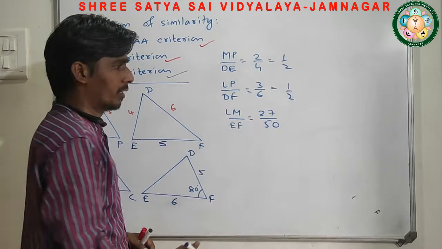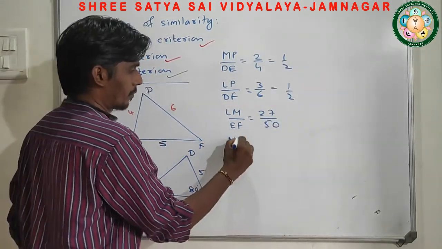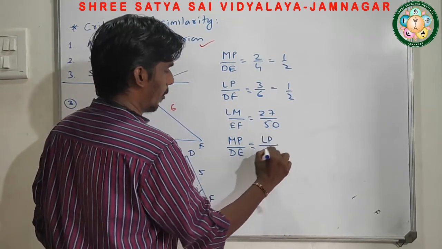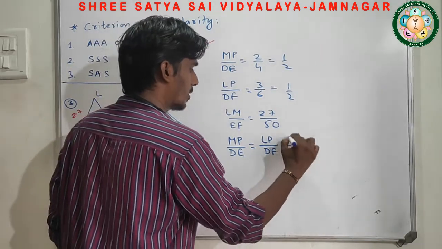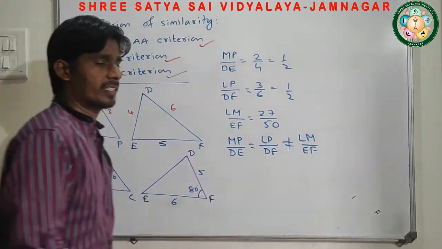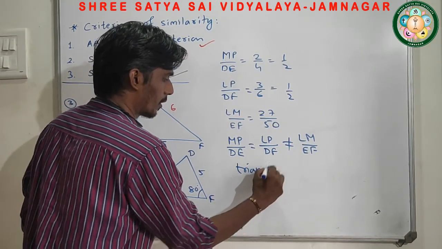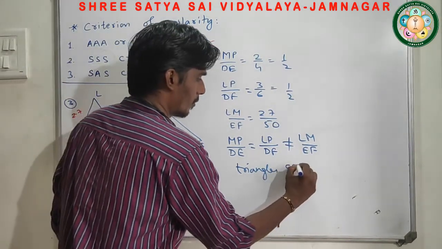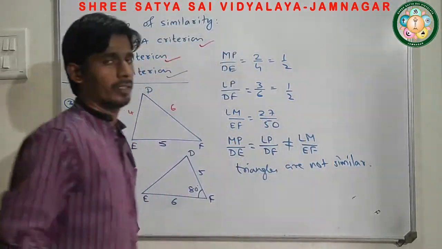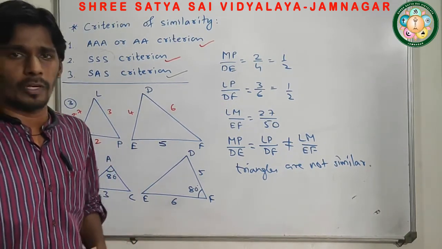Now these are not reducible. So I can say that all these ratios are not equal. So here MP upon DE is equal to LP upon DF, but it's not equal to LM upon EF. So I can say that these two triangles are not similar. So we can write: given pairs of triangles are not similar. So this is the way we can solve question number 3 of exercise 6.3.